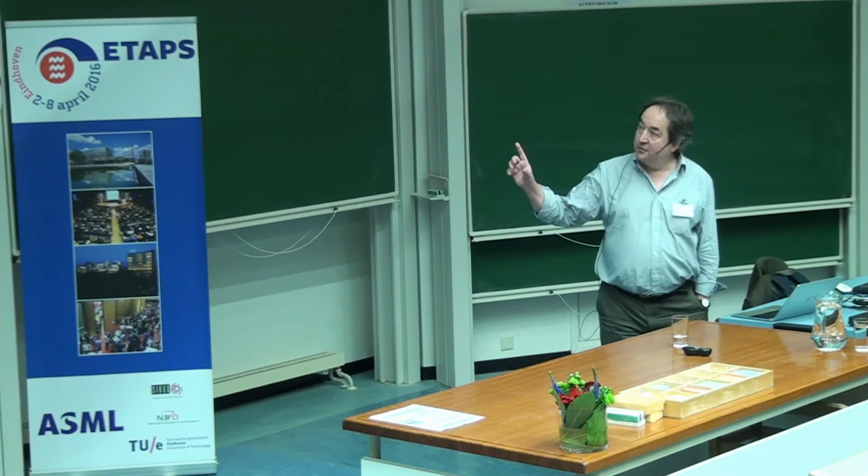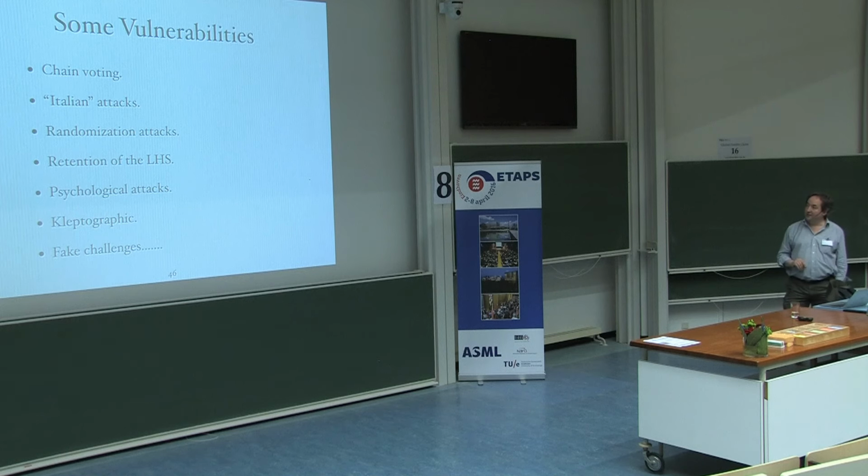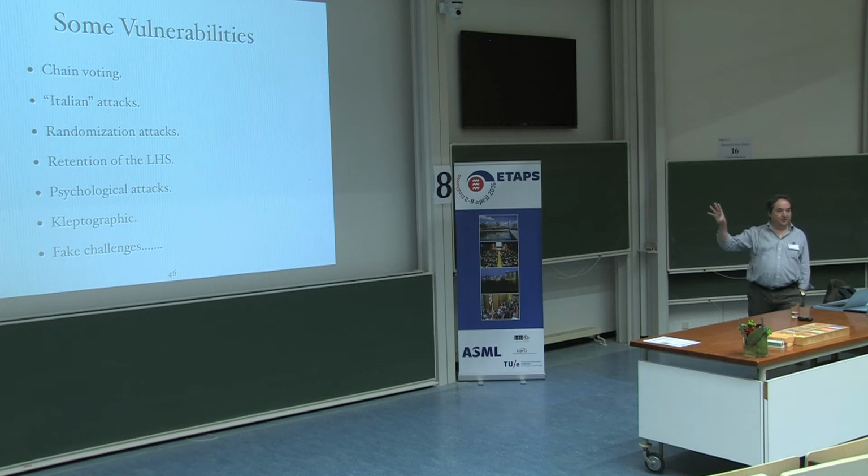There are various threats. A lot of these apply not just to Prêt à voter, but to systems in this class in general. I'm not going to go through the details of all of them. The retention of the right-hand side I mentioned earlier, so this is the issue about trying to enforce the destruction of the candidate list. That's one problem. You need to find ways of doing that.